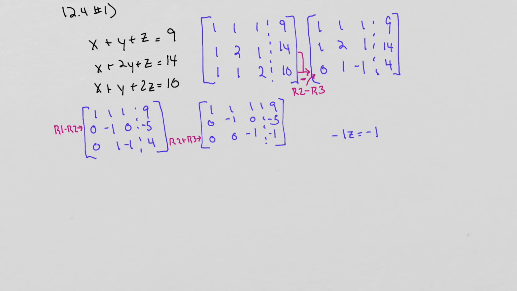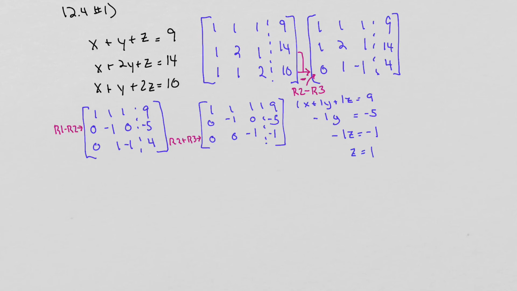And then the second row, we'd have the -1 times the y plus 0z equals -5. And then the first row, we'd have 1x plus 1y plus 1z equals 9. So we take it back out of the matrices, and now it's real easy to solve, right? I just take this last equation and divide both sides by -1, so we get z equals 1.